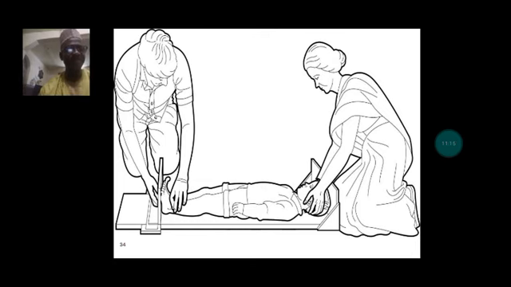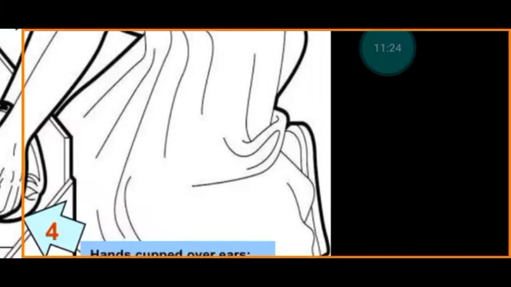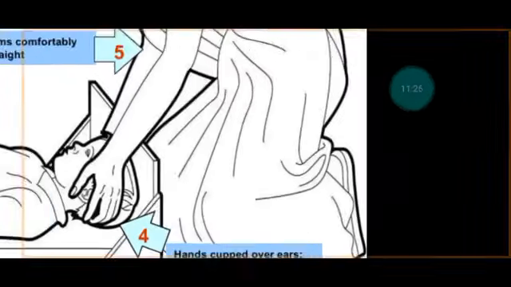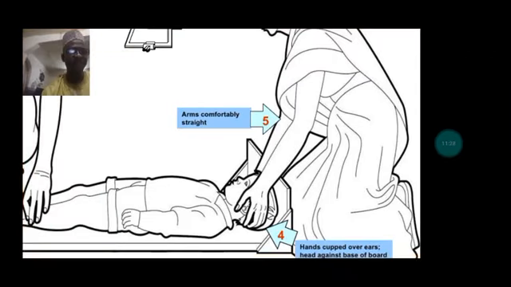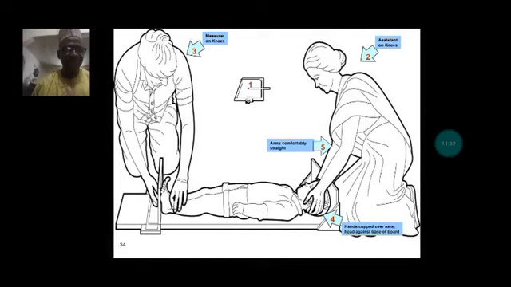This is mainly for a child that cannot really stand. This is shown pictorially.